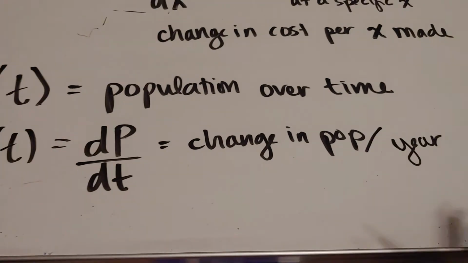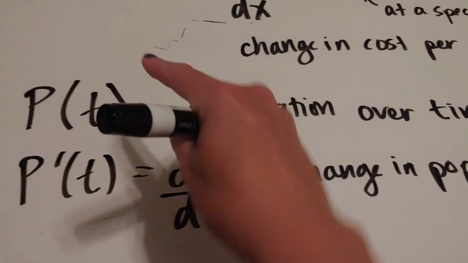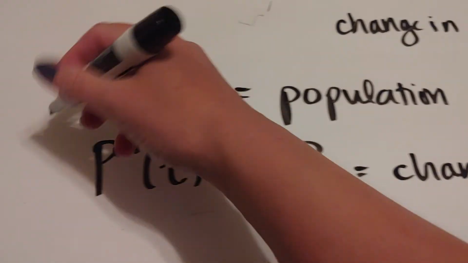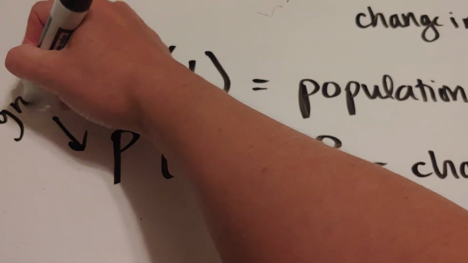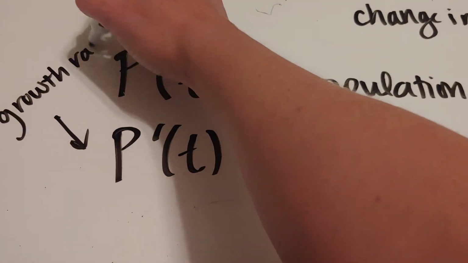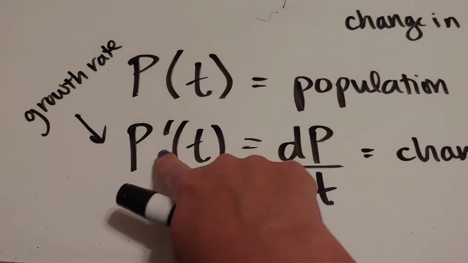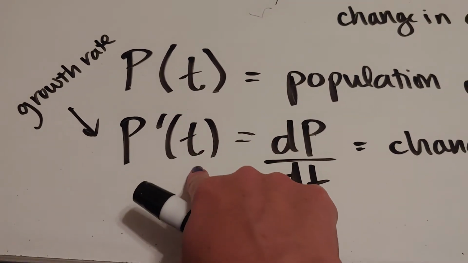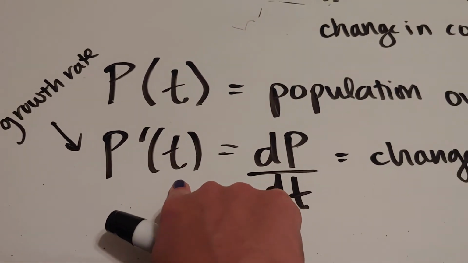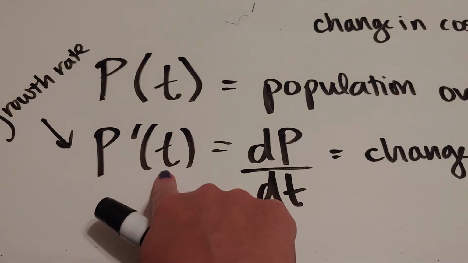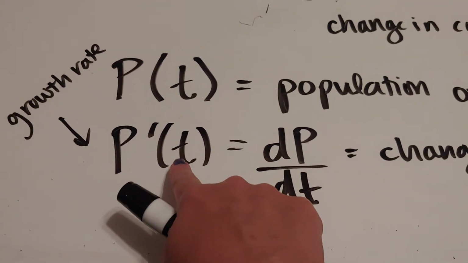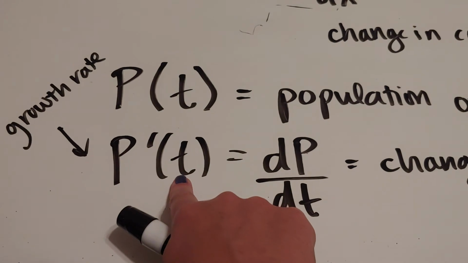Now, the interesting thing is that this is called the growth rate. So if I have a population function, the derivative is the growth rate. And again, that growth rate may change depending on what year I'm looking at. Maybe in 2010, I had a growth rate of 1,200 people per year. Maybe in 2015, I had a growth rate of 20,000 people per year.